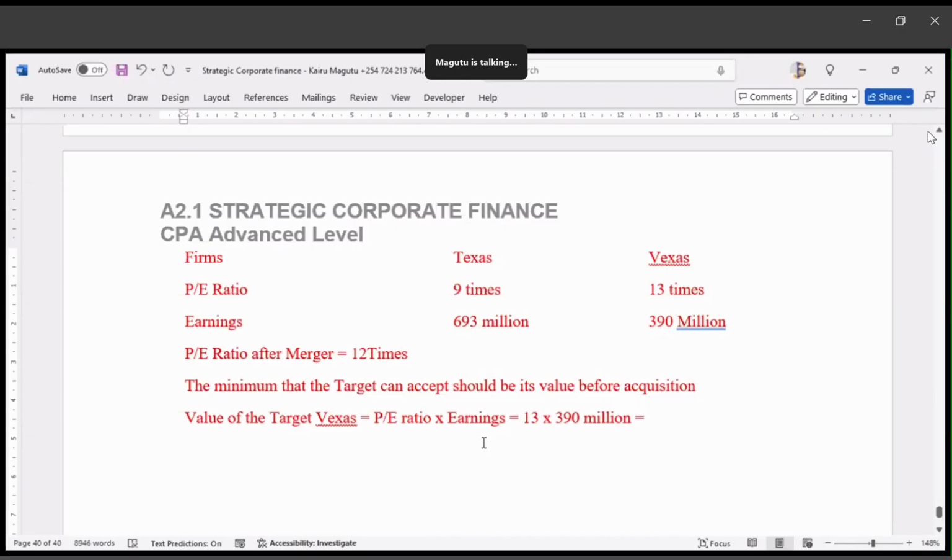So how much is 13 times 390? Someone to post.